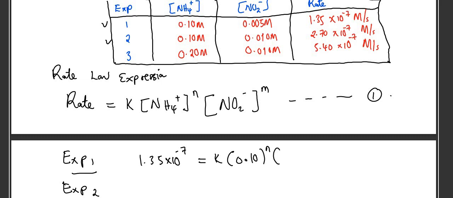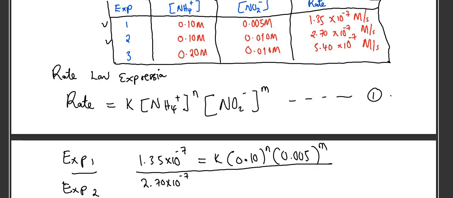The concentration of the nitrogen dioxide is 0.05, to the power M. Then we divide this whole thing by experiment number 2. The rate of experiment 2 is 2.70 times 10 to the power negative 7. Then there's a K, there's 0.10 to the power N, and there's 0.01 to the power M.